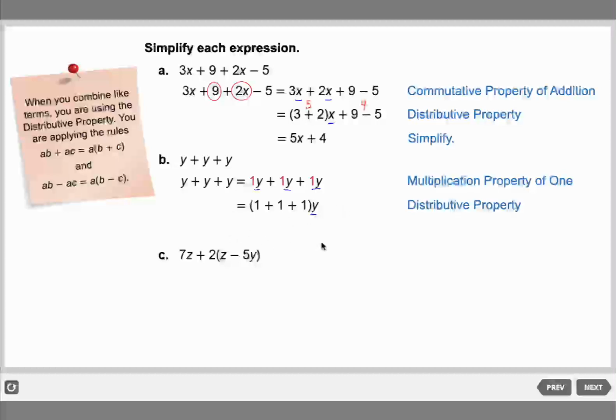So how many y's? 1 plus 1 plus 1 equals 3. So the expression is 3y. Yes, of course. Thank you, Hashim. Okay, so we add the coefficients, my heroes.